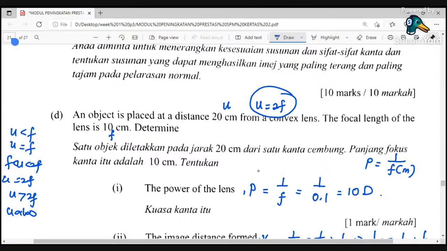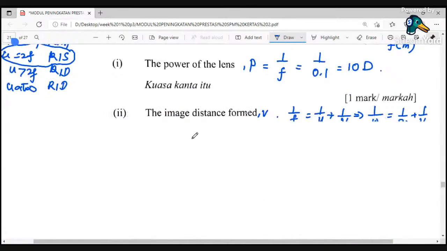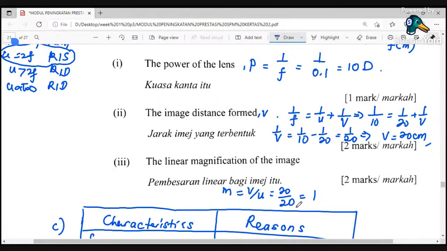If you remember this one, U equals 2F, you must get a real, inverted, same-size image. So U equals V. Magnification 1 means same size.